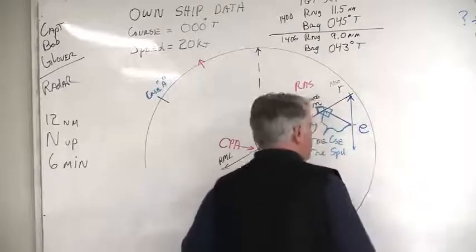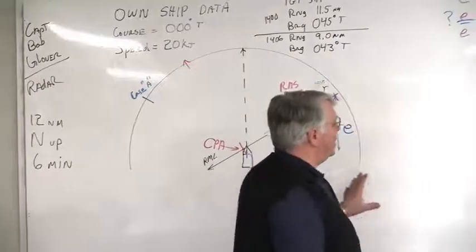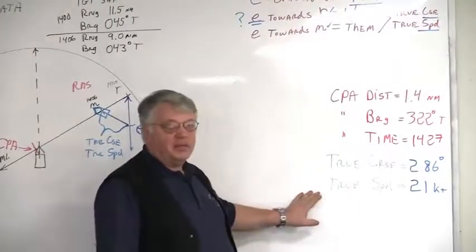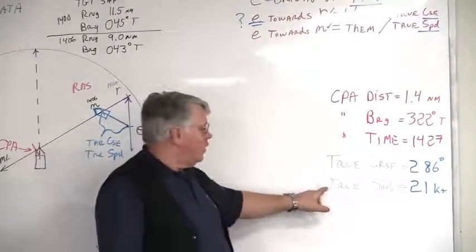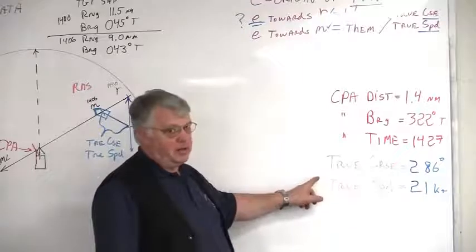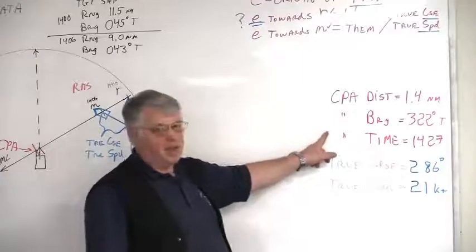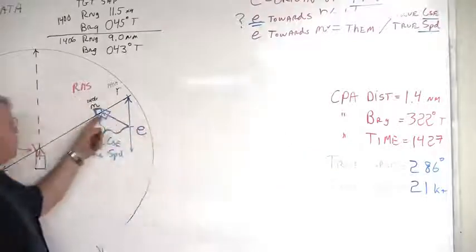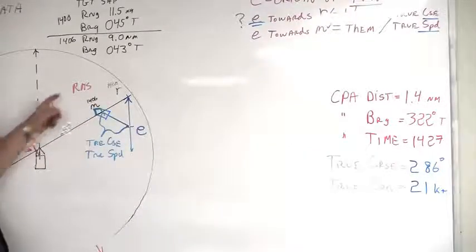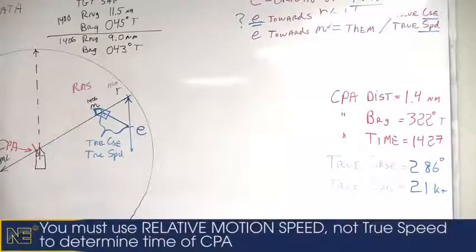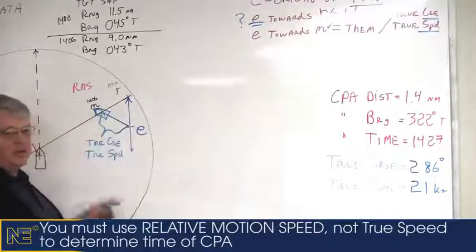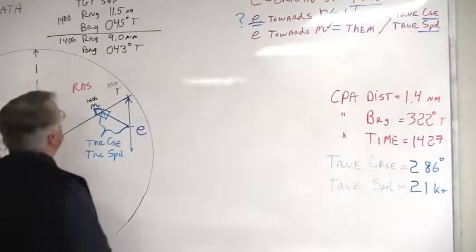And I want you to do it then, because what I find is people make the common mistake is that if you do all of this real quick, a lot of people use the true speed of the target ship to find the time of CPA, and that's wrong. You need to use the speed at which he's traveling down the relative motion line, which is relative motion speed. You cannot use true speed to establish time of CPA. So that's how we establish E.